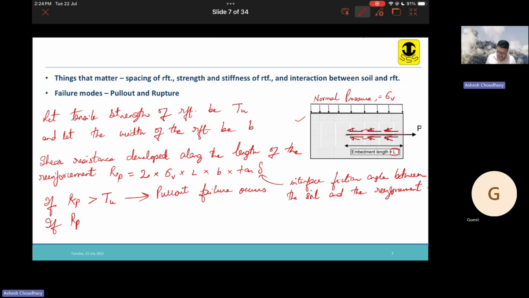And if Rp is less than Tu, then rupture failure occurs. So if the pull out resistance is greater than the tensile strength, then what will happen? Pull out failure will occur.